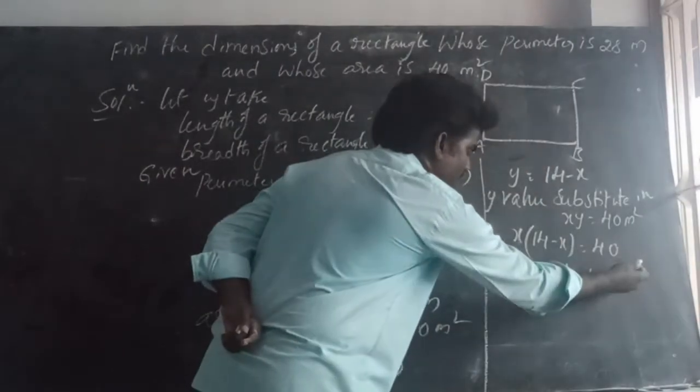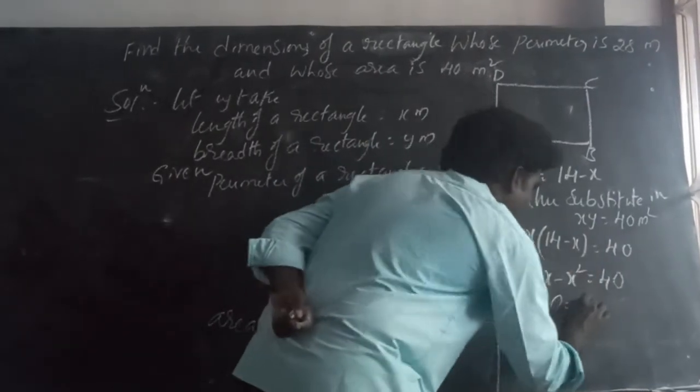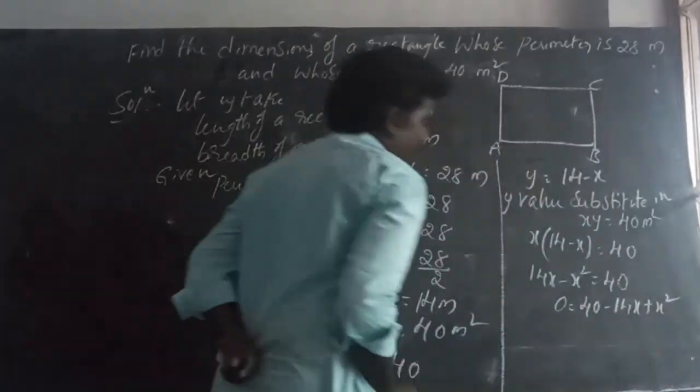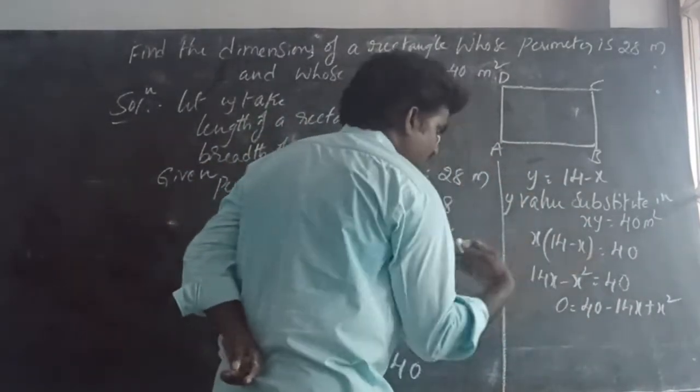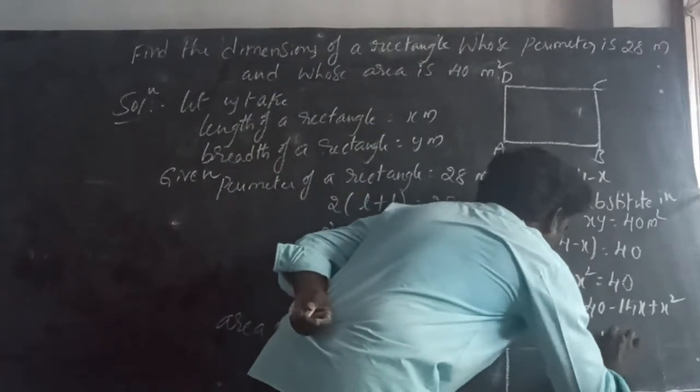These two change their places: 0 is equal to 40 minus 14x plus x square. Arranging in order, x square minus 14x plus 40 is equal to 0.